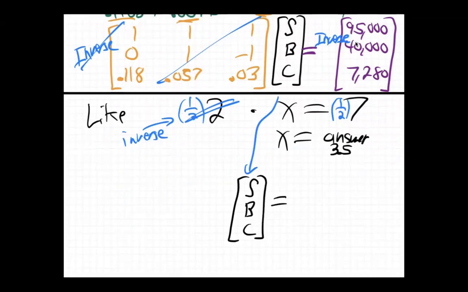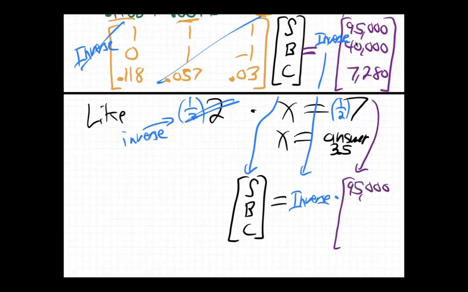On the other side, bring this down, the inverse times, bring this down, the 95,000, 40,000, 7,280. And so there we go. You can find the stocks, bonds, and CDs by taking the inverse times that.